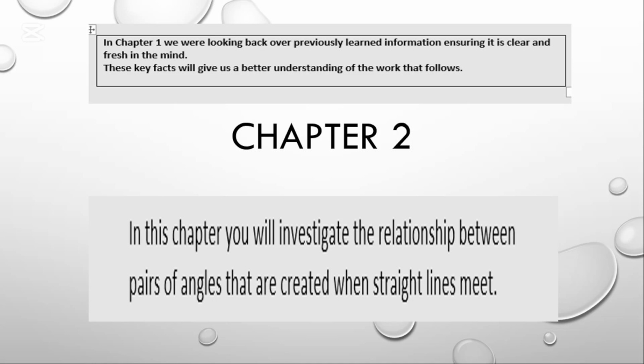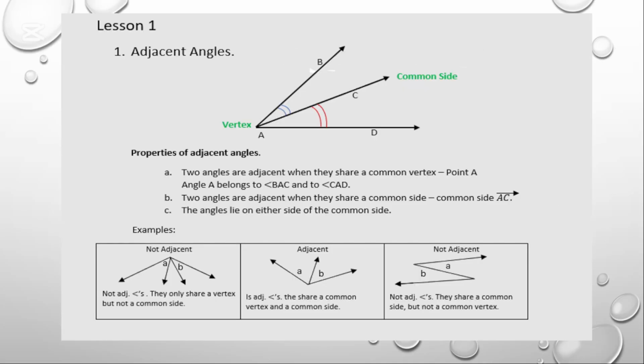Now, in this chapter, you will investigate the relationship between pairs of angles that are created when straight lines meet. Right, I want you to look at these two angles here. We have vertex A, we have ray AB, AC, AD.